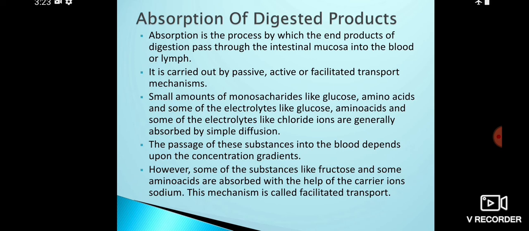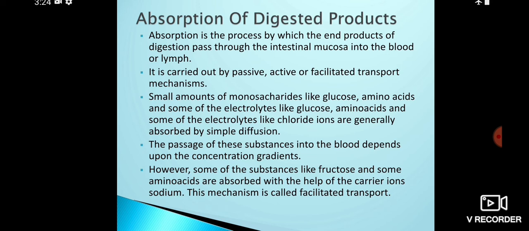So the food which is going to enter the blood depends upon the concentration gradient. Concentration gradient means it works on the principle of quantity, where the quantity is less and where it is more, moving from the more towards the less region.